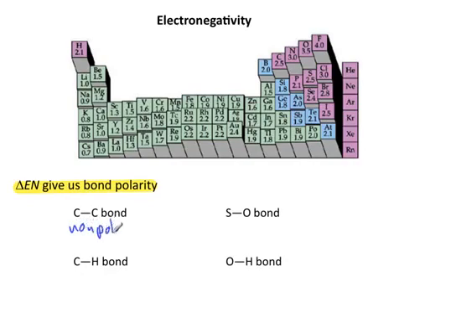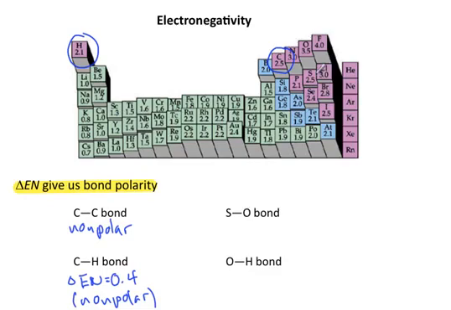There's no difference in electronegativity. A carbon-hydrogen bond, well, this is a little different. Hydrogen is 2.1, carbon is 2.5, so there we have a delta EN of 0.4. So there's a difference, but again, that's a small difference. So carbon-hydrogen bonds are typically classified as nonpolar, hence all of the hydrocarbons being nonpolar.